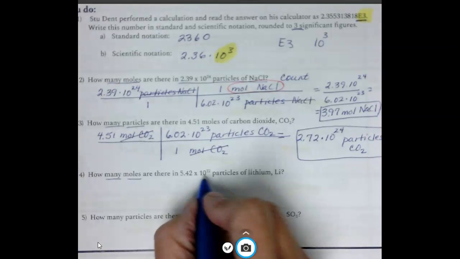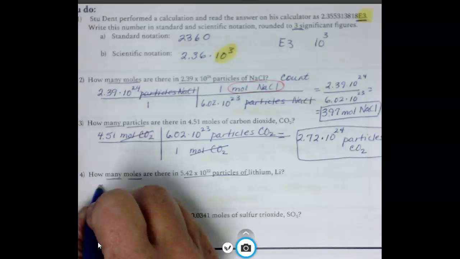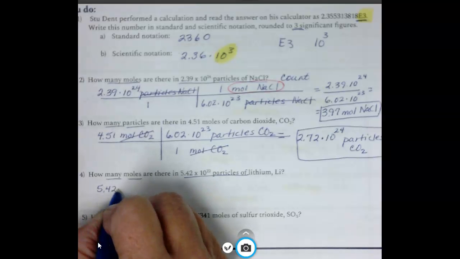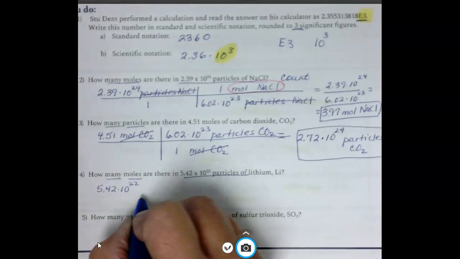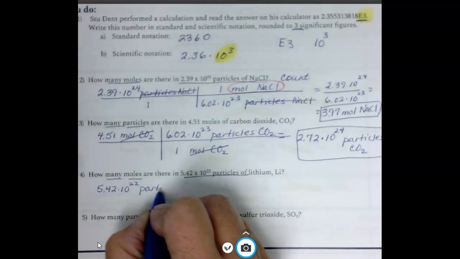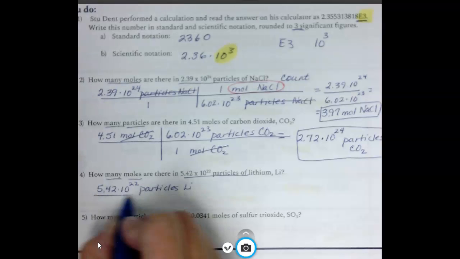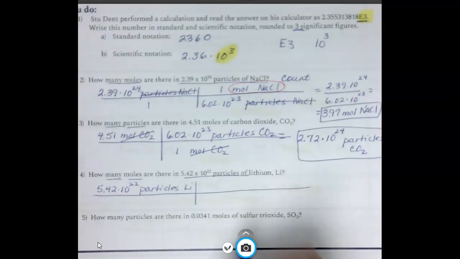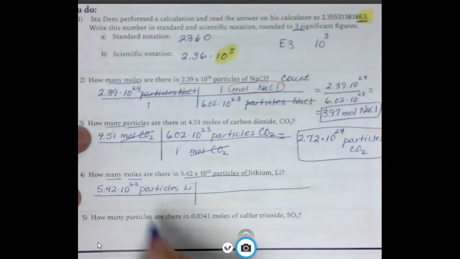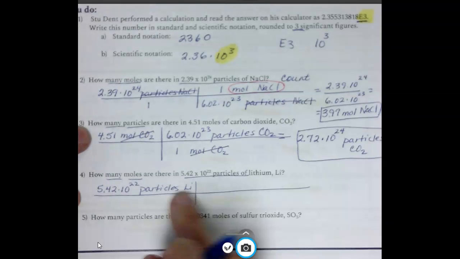So here we go. We have 5.42 times 10 to the 22 particles of lithium. I don't know of any abbreviation for particles, and so, again, particles are here.